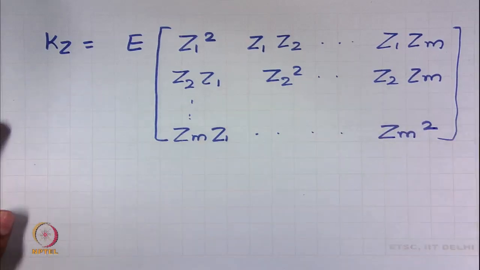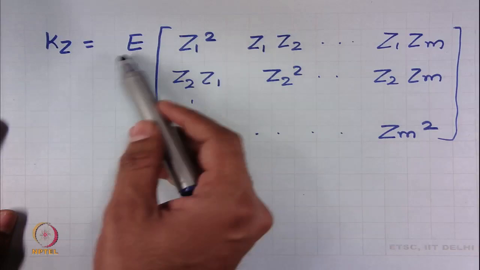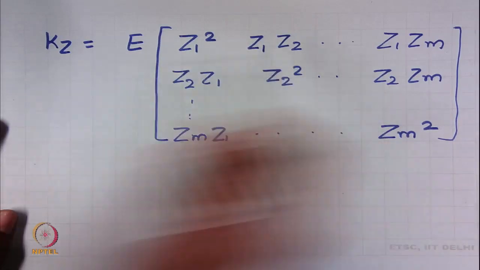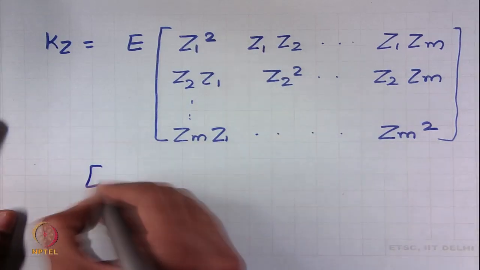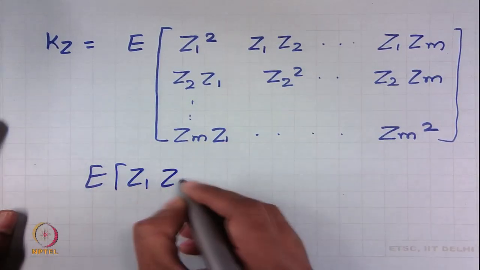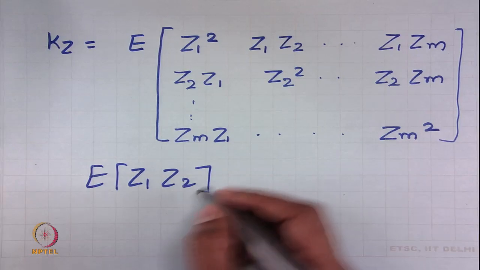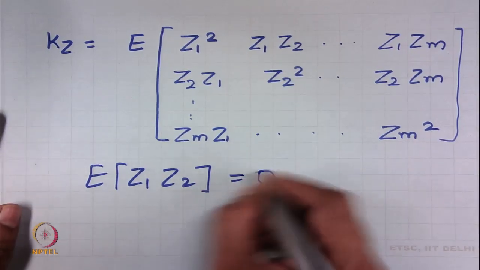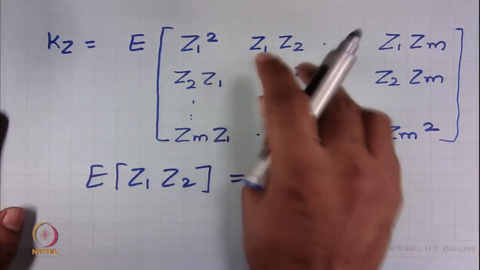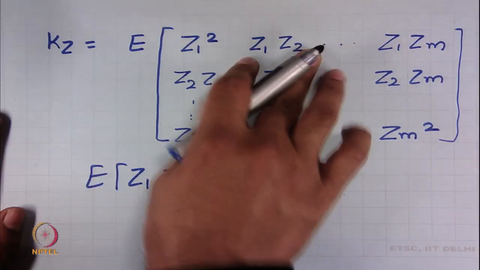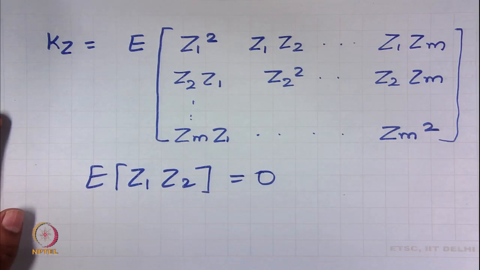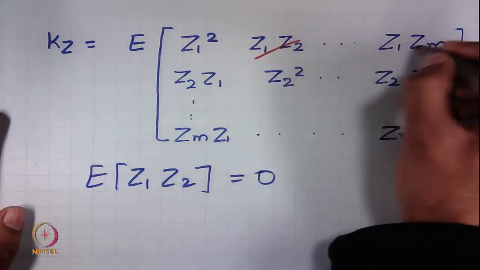Okay. Now, we can pull this expectation operator inside, and we know that expectation of cross terms, for example, Z1 Z2, would be 0, because we know that these are uncorrelated and we also know that they are with 0 mean. So, expected value of Z1 times Z2 would be 0. So, all these cross terms would vanish.